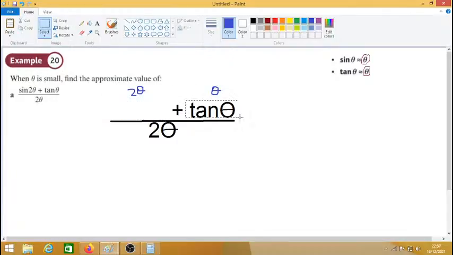So I've got 2 theta plus theta, which makes 3 theta at the top. Theta on the top, theta on the bottom, they cancel. So I'm just left with 3 over 2, which is 1.5. So this would work out to be roughly 1.5.